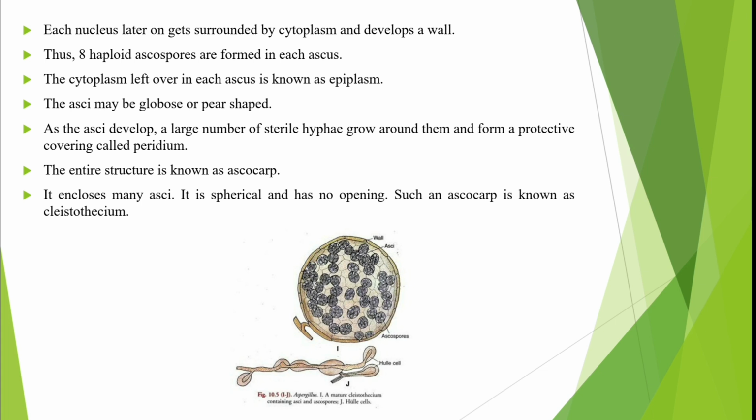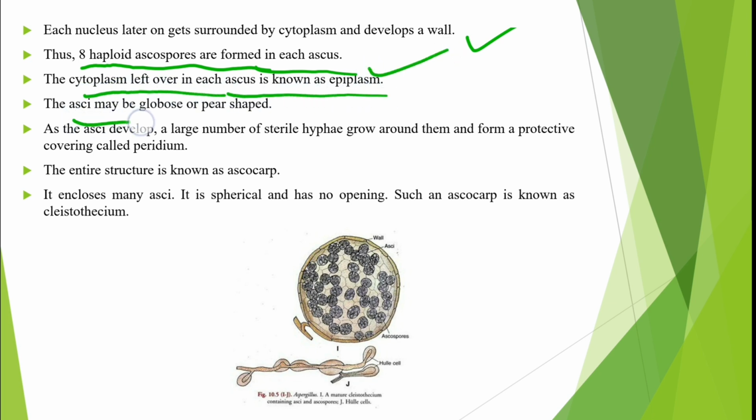Next, each nucleus gets surrounded by cytoplasm and develops a wall. Thus 8 haploid ascospores are formed in each ascus. The cytoplasm left over in the ascus is known as epiplasm. The asci may be globose or pear shaped.